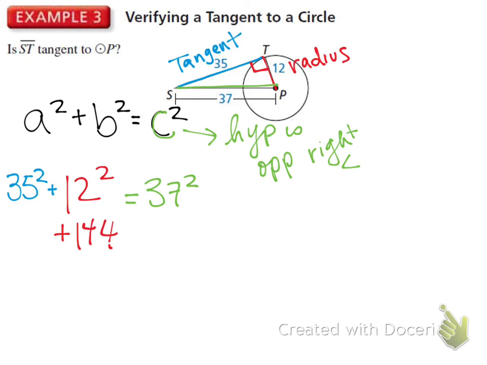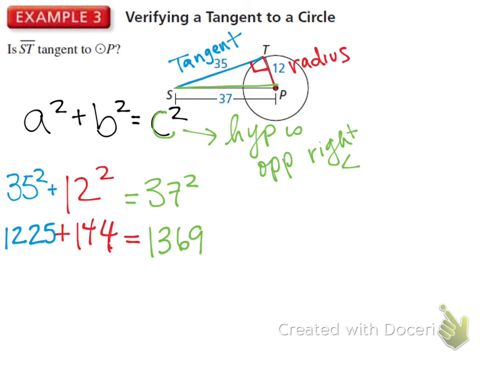12 squared is 144. What is 35 squared? Correct. And what is 37 squared? Doing that math. Wonderful.